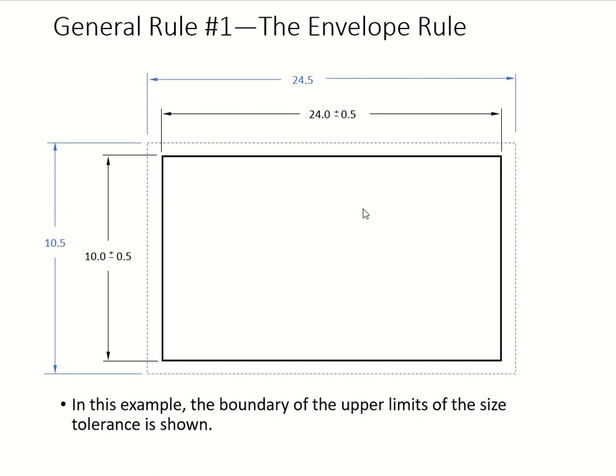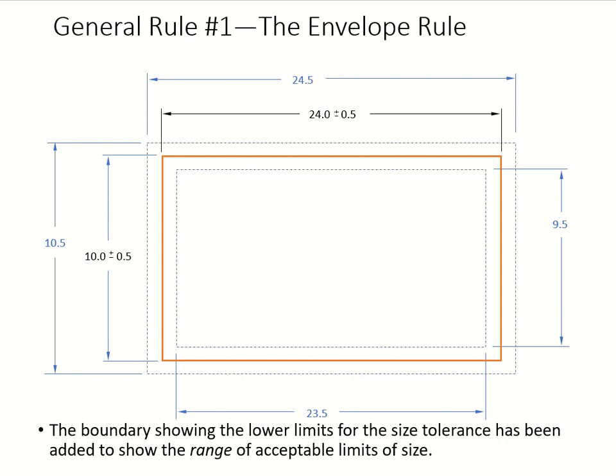Here you can see the boundary of the upper limit of this tolerance range. When we draw the upper limit with this little dash line right there, you understand that your part cannot go beyond that. Your part has to be within the upper limits in two directions, of course, your height and your length.